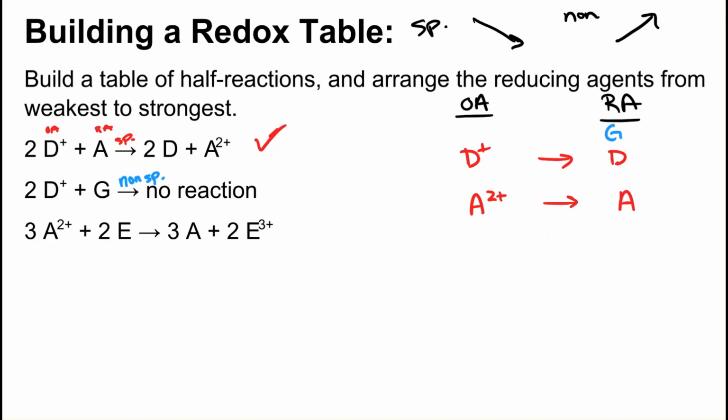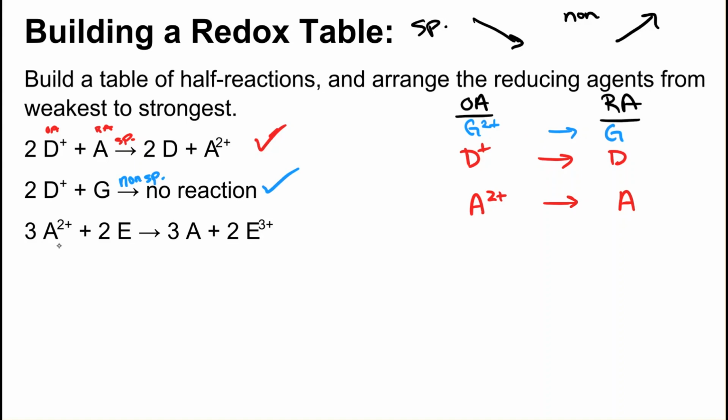G has to be above that. And we'll say G 2 plus, whatever, it doesn't matter. So hopefully this makes sense. D plus and G make an uphill reaction. That's non-spontaneous. Another way of thinking about it is G holds on to the electrons, so it'll go above D. Okay, no problem. That reaction's done.